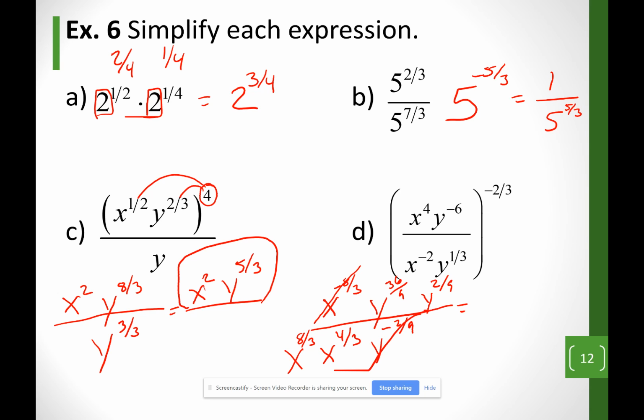So when I combine my like terms, when I add my exponents on the top, I'm going to have y to the 38 over 9. At the bottom, I have x to the 12 over 3. Now 12 over 3 can be simplified. Instead of 12 over 3, I'm just going to call that 4.